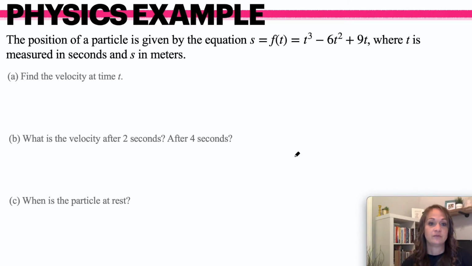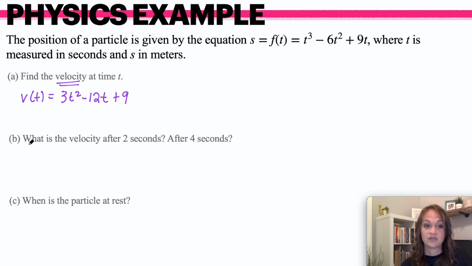So for example, the position of a particle is given by this function. Find the velocity. Velocity means we need to take the derivative of our function. So the velocity is going to be 3t squared minus 12t plus 9. Now they want to know the velocity after 2 seconds. So you are going to plug in 2 for time, and you will get -3 meters per second.